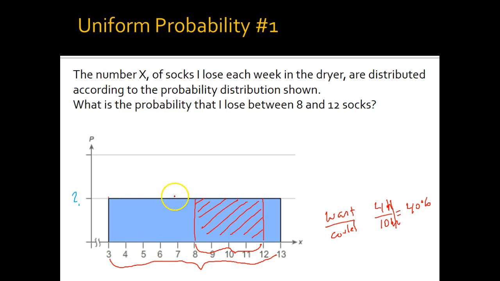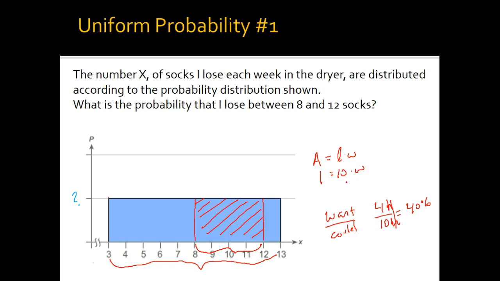But let me just show you real quickly how we can find where the line's located. We said that the length of the blue rectangle is 10, 13 minus 3. So the total probability here from 3 to 13 is 10 wide. Remember, the area of a rectangle is length times width. The length is 10, and the area has to be 100% or 1.